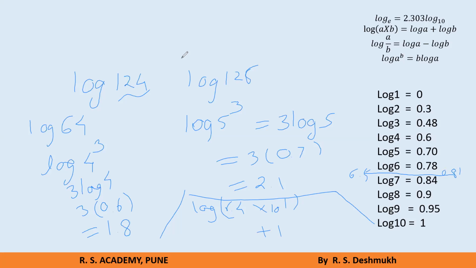So the value 6.4 is less than 6.5, so it should be less than 0.81, so it will become 0.8. So here also, if you find out by another method, you will get the same answer, that is 1.8. But the only thing is that you are getting the values in approximation.